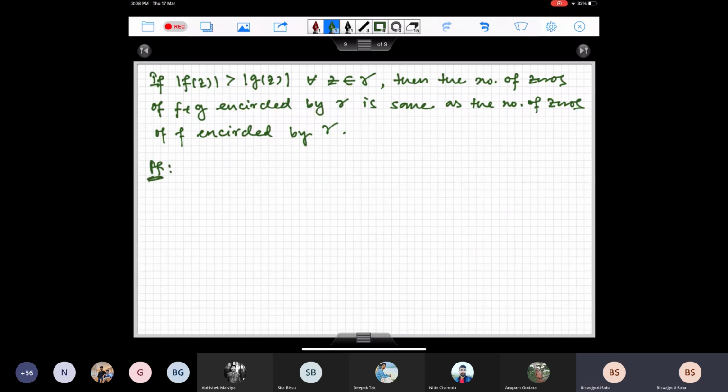Here, of course, I am going to use the argument principle, but we need to be slightly careful. Like I said, I'm going to use the argument principle.